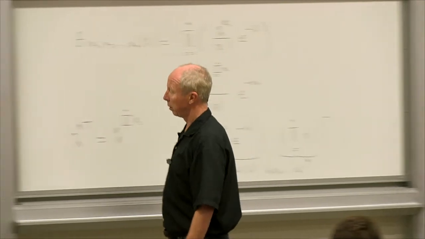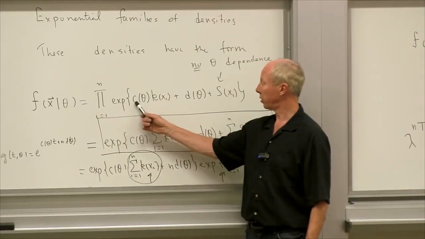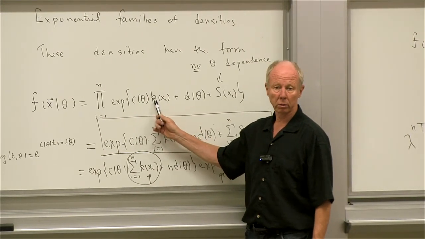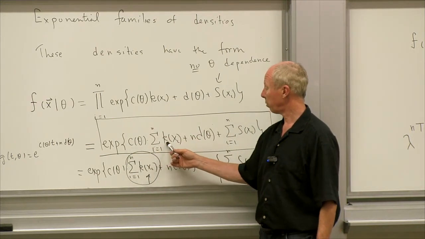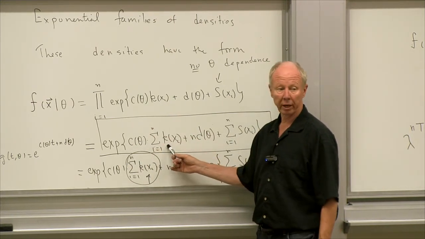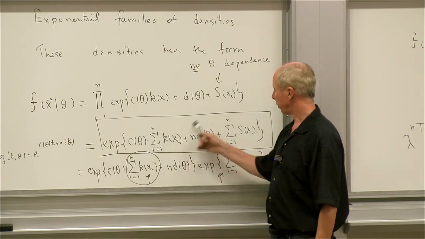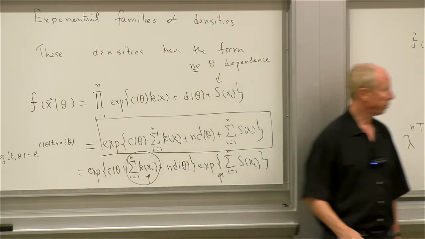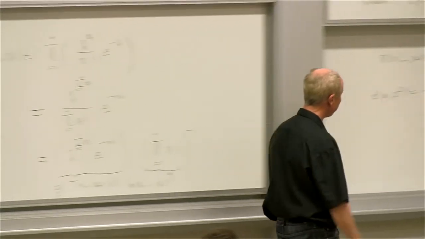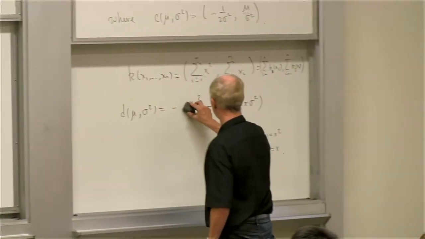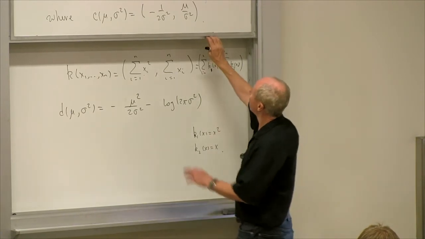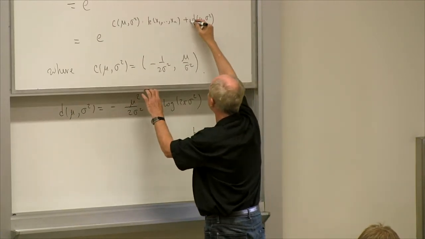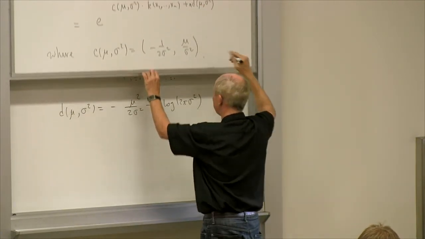So we'd have a vector product here, c1, c2 times k1, k2. That's what we get here, c1 times the sum of the k1s, c2 times the sum of the k2s. Then we get this n d of theta. Oh, I'm sorry. I shouldn't have the n in here. So this should be n times d of mu sigma squared there.